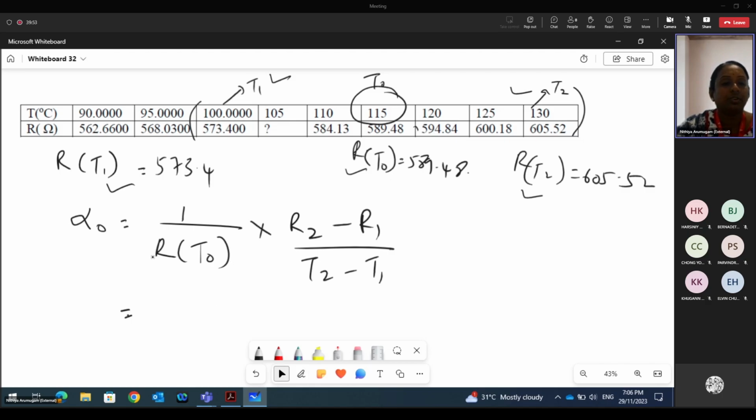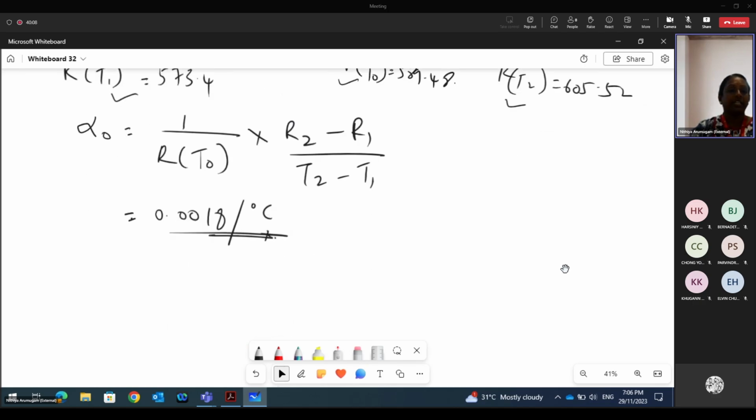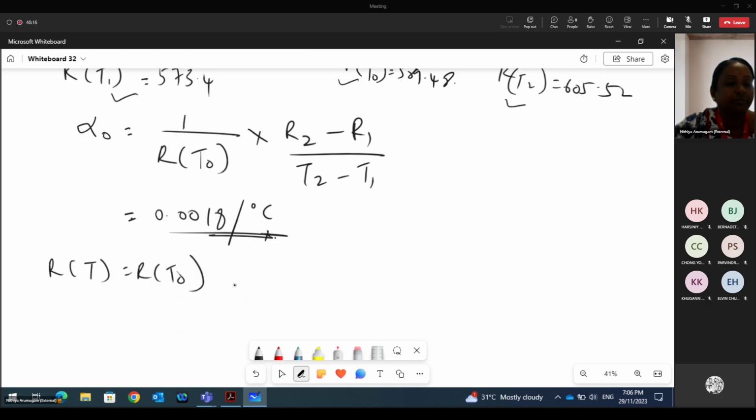So the temperature coefficient is actually 0.0018 per degree Celsius. But the question is asking us to find the linear equation, right? So the linear equation can be written as RT equals RT naught times 1 plus temperature coefficient times delta T.